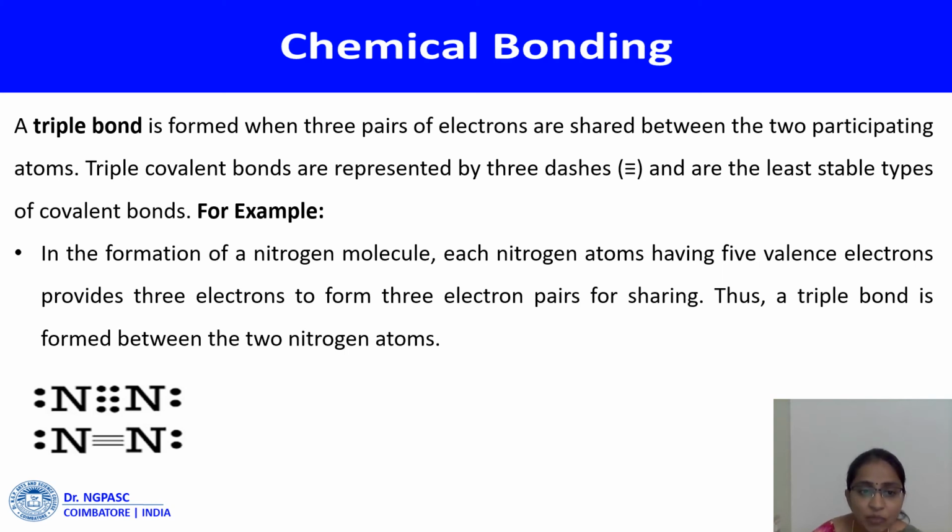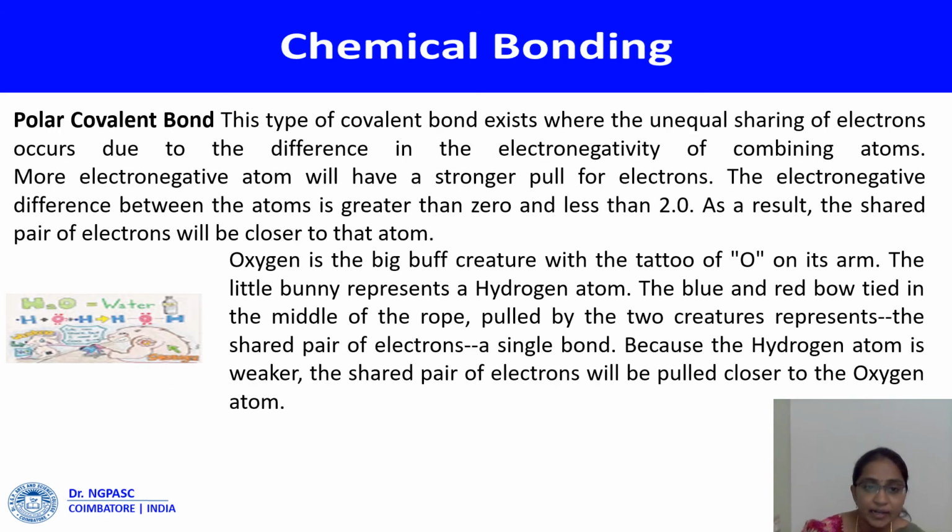Each nitrogen atom, having 5 valence electrons, provides 3 electrons to form 3 electron pairs of sharing. 3 electron pairs means 6 electrons shared between the two nitrogen atoms. So a triple bond is formed between the two nitrogen atoms.